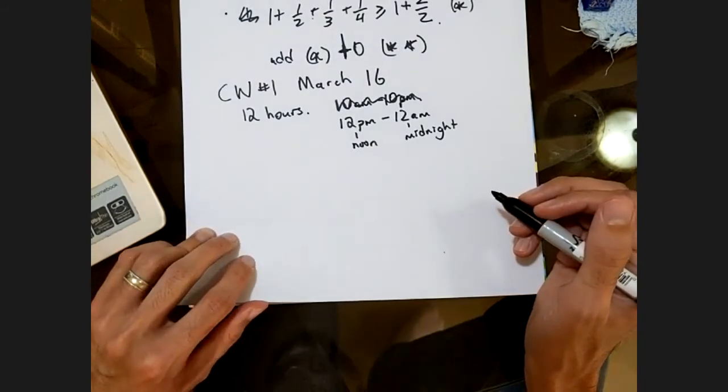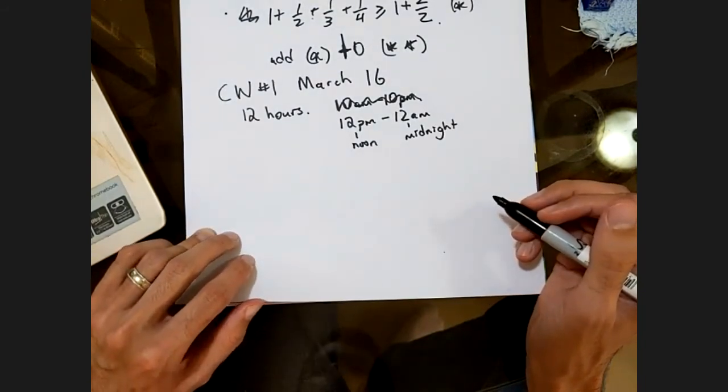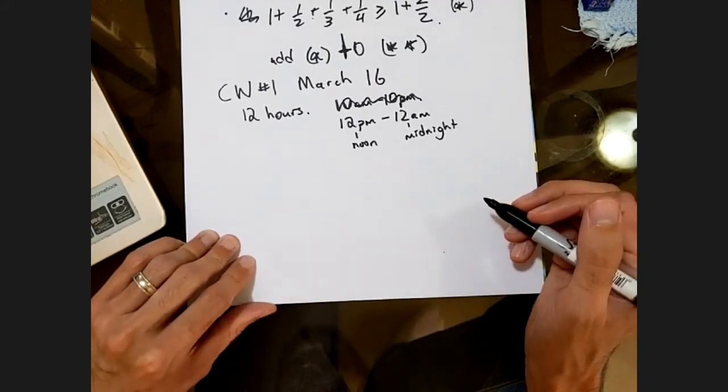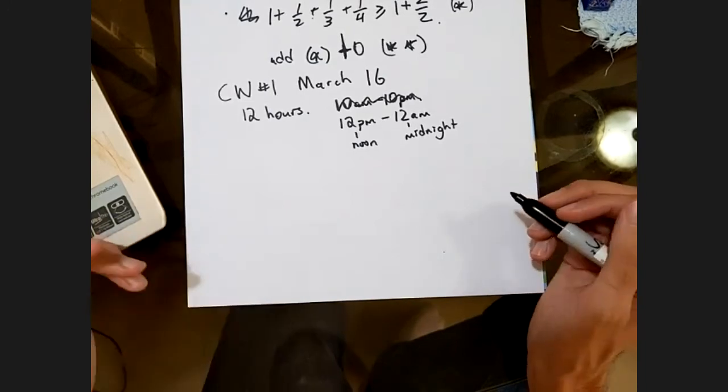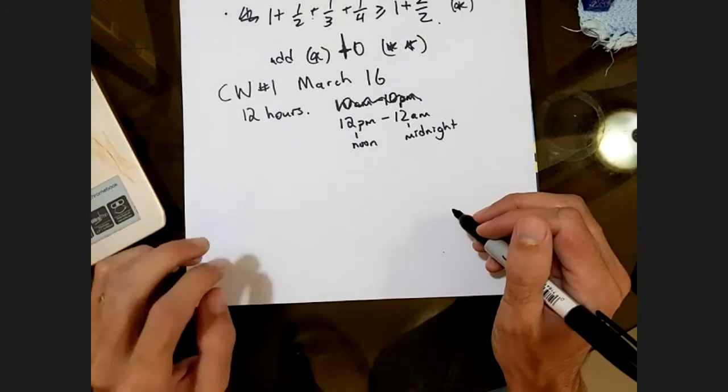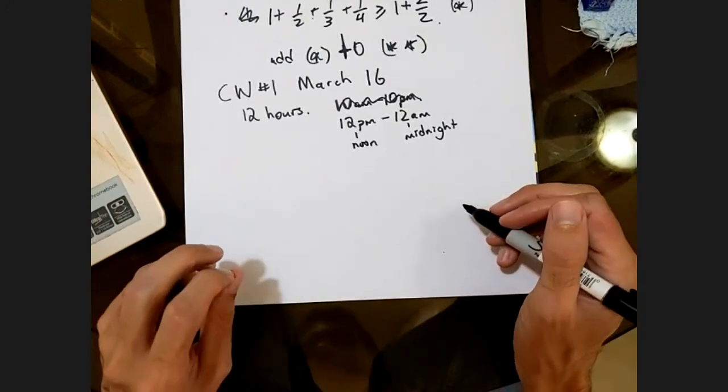And then we also used this thing called the recursion theorem to construct addition recursively. Then we proved n plus m equals m plus n.